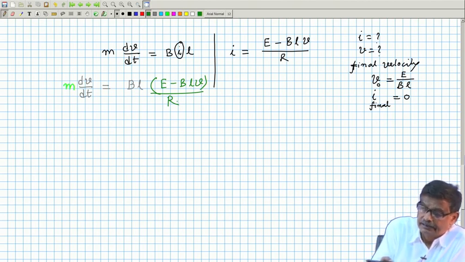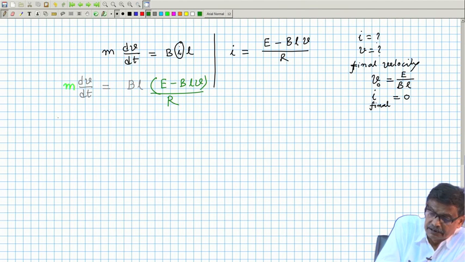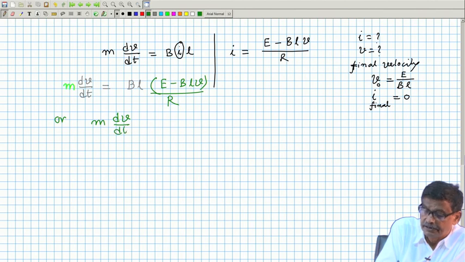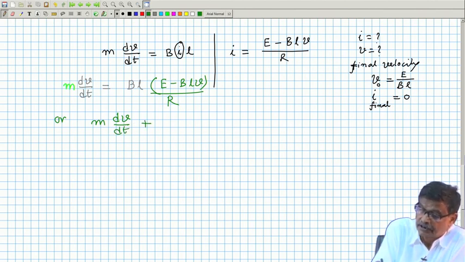Now in this equation only V is present, I can solve for V, but I have to arrange the terms. So I will write m dv/dt, plus this term containing V, bring it to the left, and it will be B square L square by R into V. If I miss a term, point out.